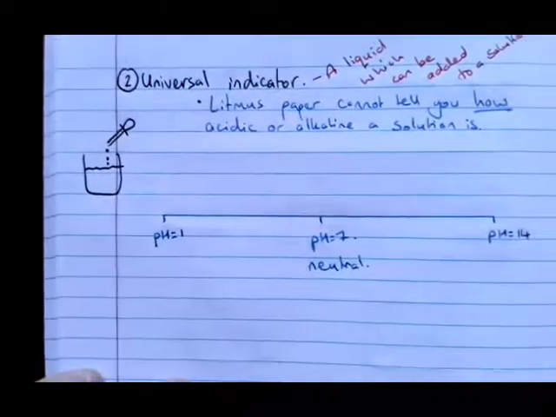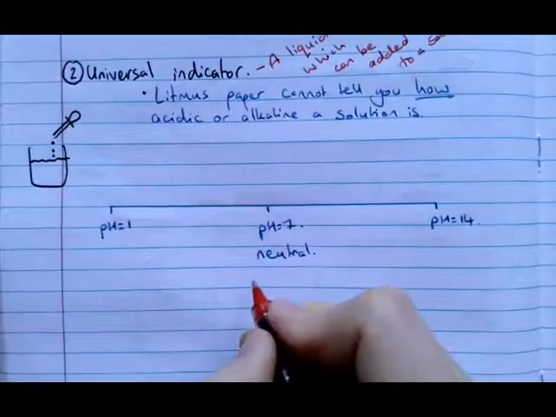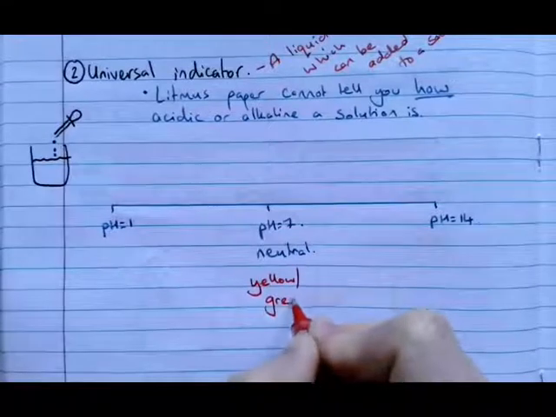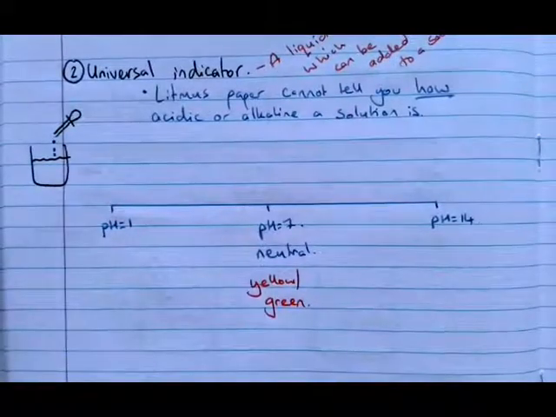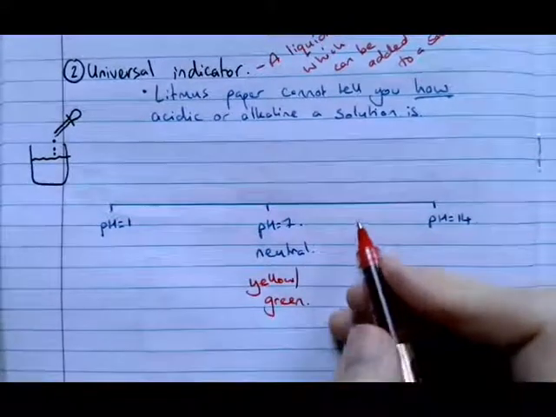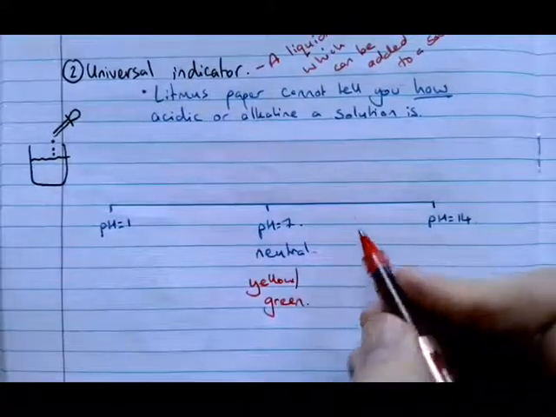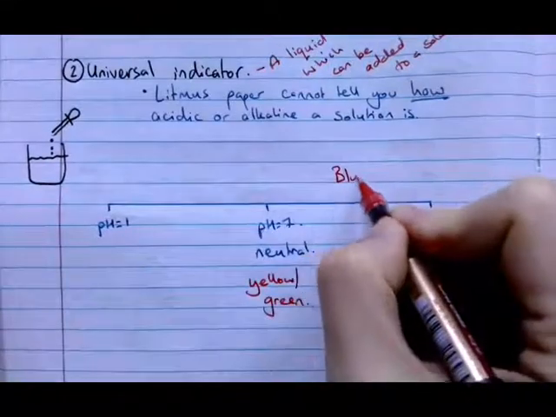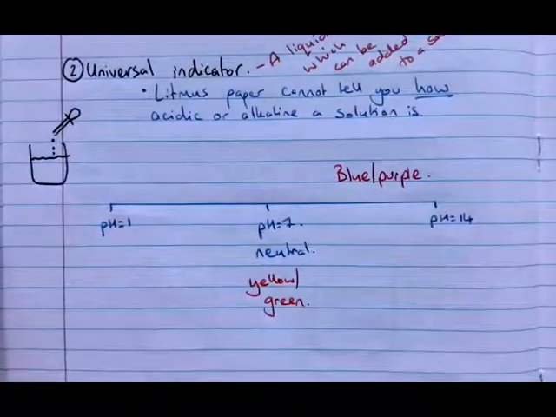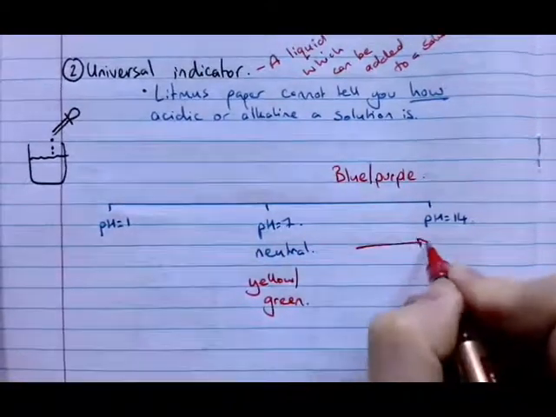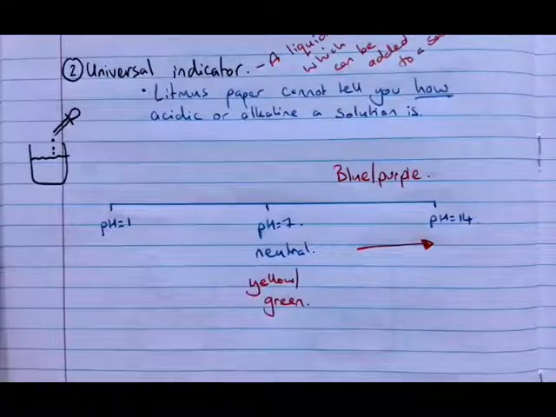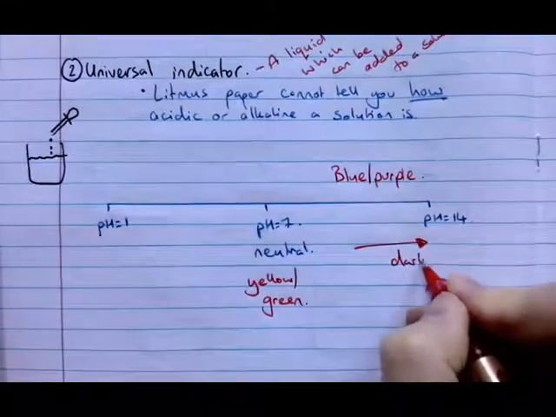Now, if it is a yellow-green color, it'll be somewhere in the middle. All right. If it's blue or purple, then it's an alkali. But as you go further along the pH scale, okay, it becomes darker.